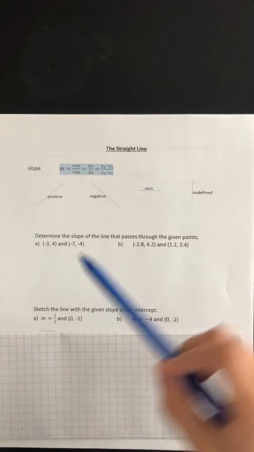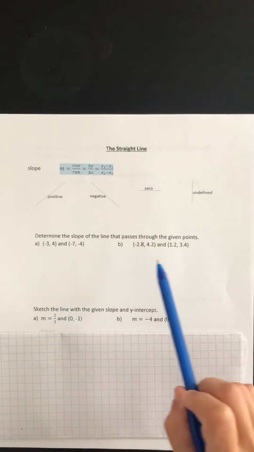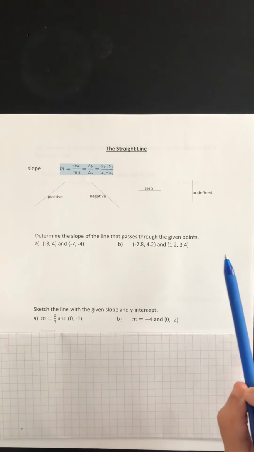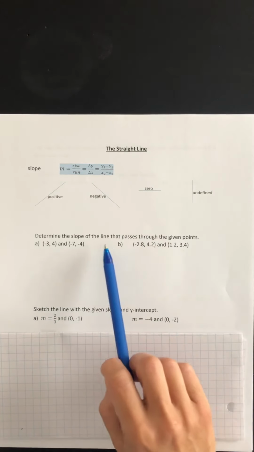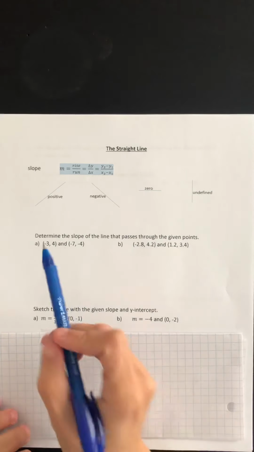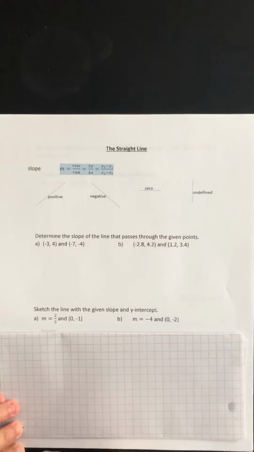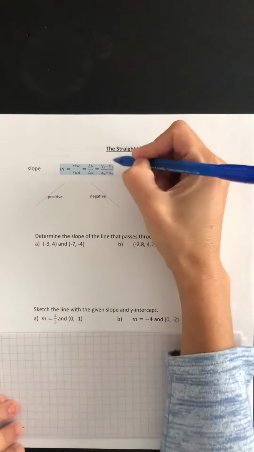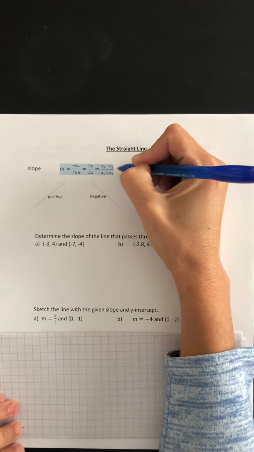So we begin by performing a couple of slope calculations in this first question. Determine the slope of the line that passes through the given points. So let's go ahead and try A here. And I'm going to be using this formula here.